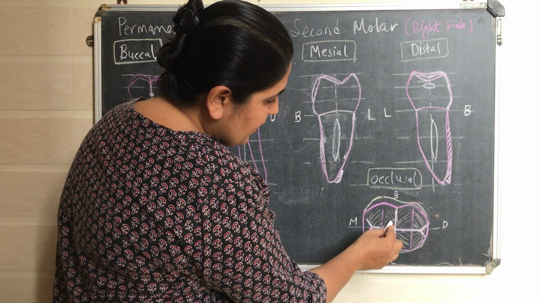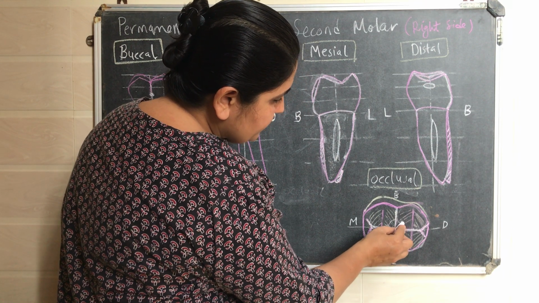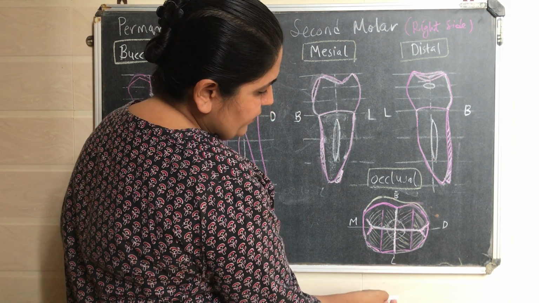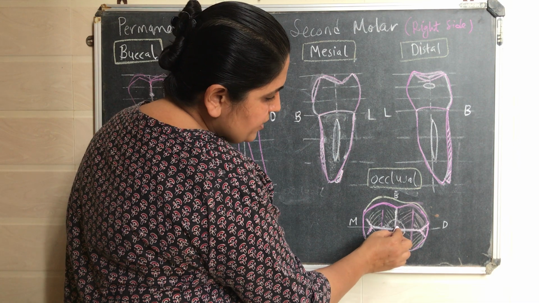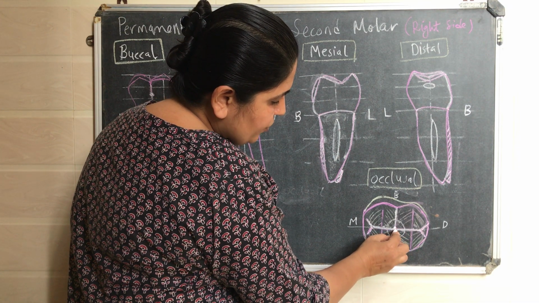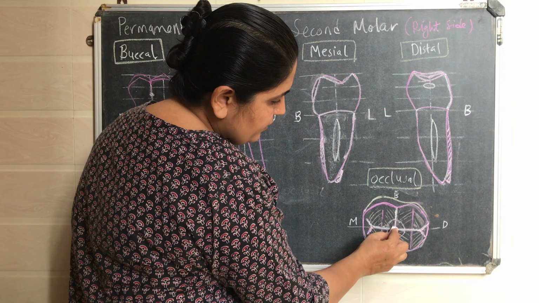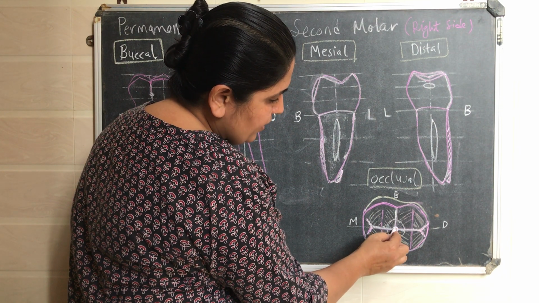Here there is a fossa in the center, the central fossa, where all these grooves meet at the depth of the central fossa. They will form a pit, the central pit.